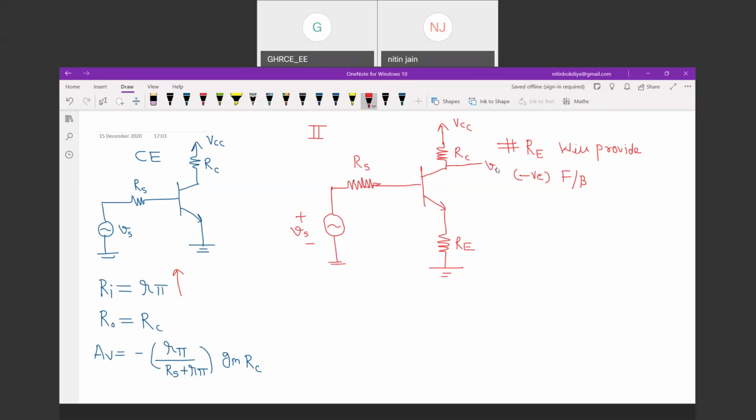अब क्या करें हम? What is our basic choice? We are having one resistance at emitter terminal, so we will go for RE model, है ना?